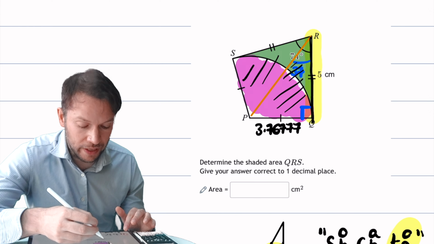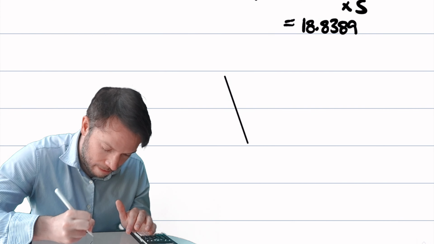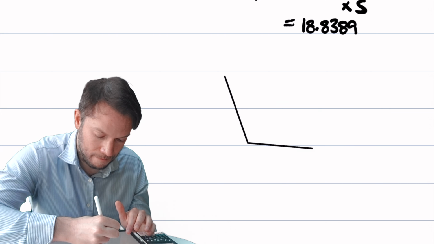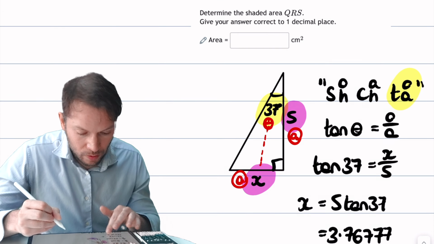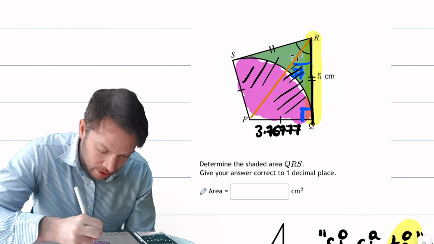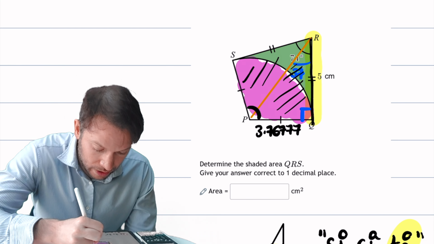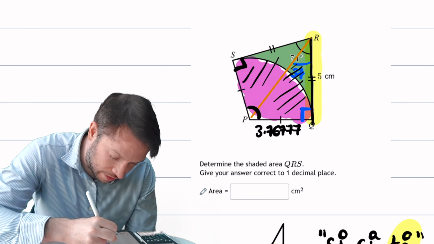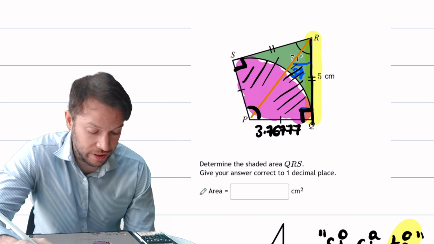Now, how do we find the area of the sector? Let's just draw it separately. We've got this sector here, we've got the angle. Oh, no, we actually need to work out what this angle is. But if you think about it, we know that this angle here is also 90 degrees, just like this is 90. And we know the angles in a quadrilateral add up to 360 degrees.